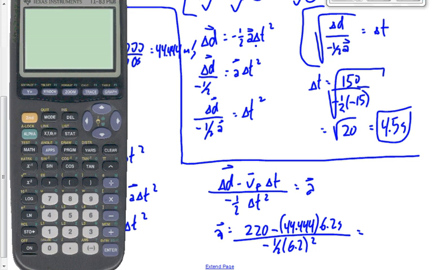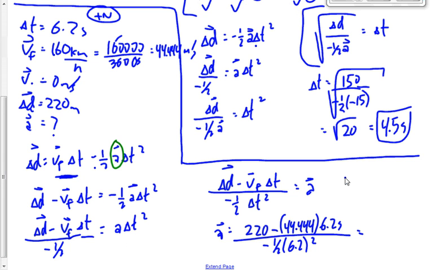Let's say 220 minus, let's use some brackets here, 44.4444 times 6.2. Let's end those brackets. Let's press equals. Negative 55. Let's divide that by, we're going to use some brackets, negative 0.5 times 6.2 squared. End the brackets. You get 2.89.